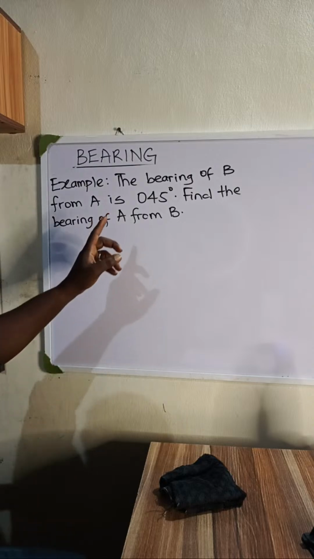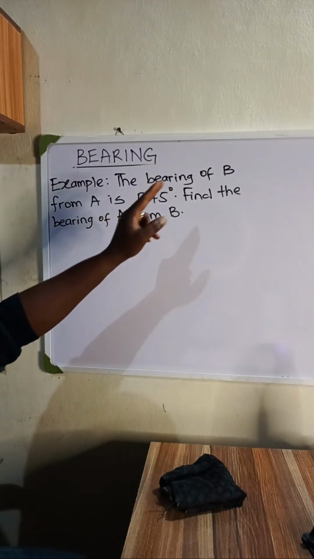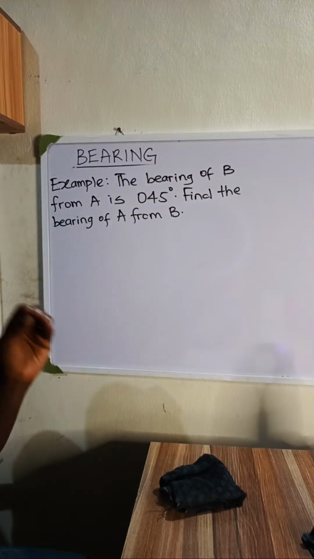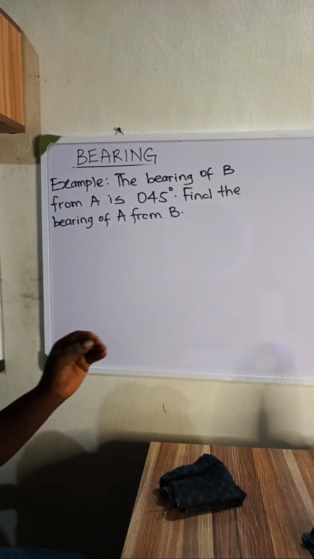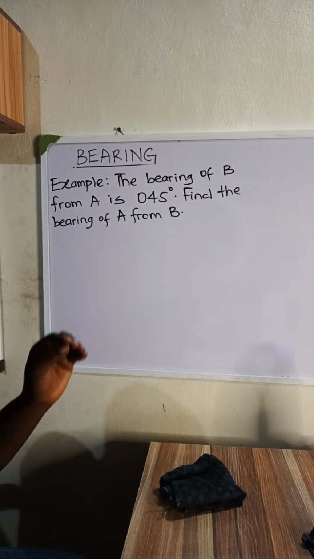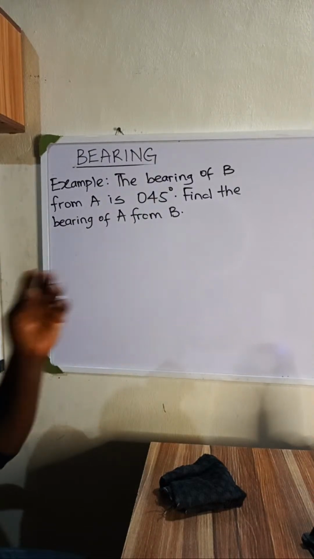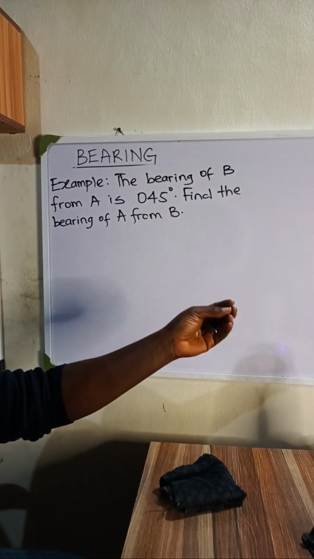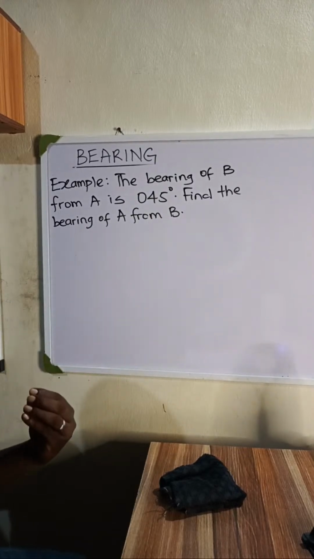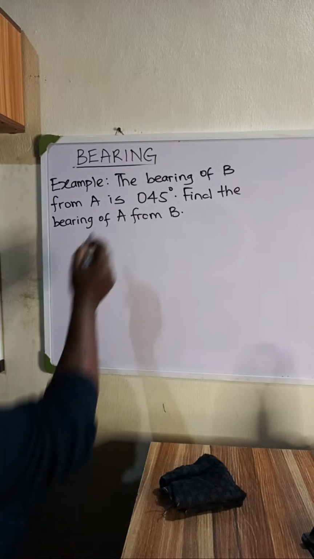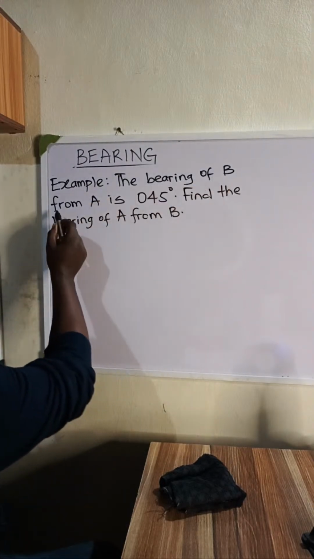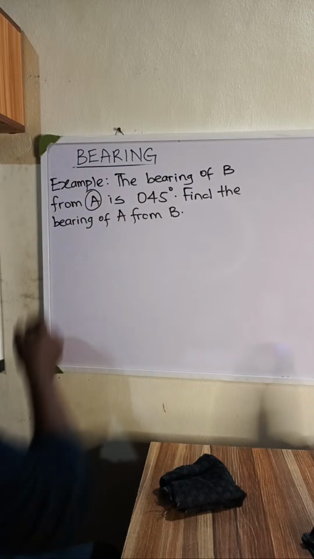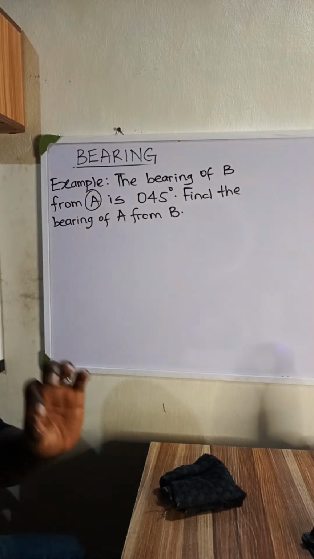Initially you are told the bearing of B from A. That means the start point was A and the direction was to get to B. And then when you get to B, they're asking you what direction will you take to come back to A. So the bearing of B from A means we are starting from A.